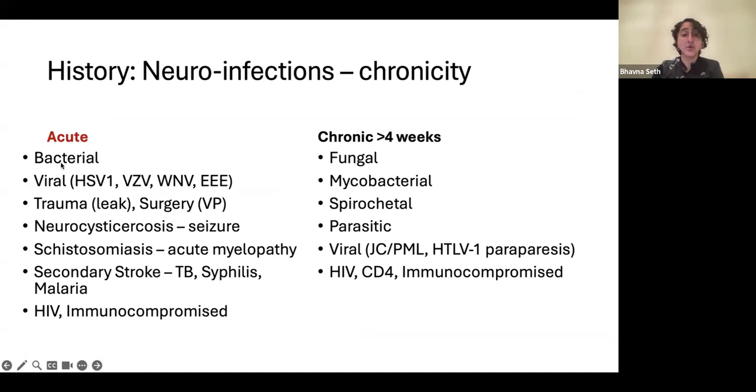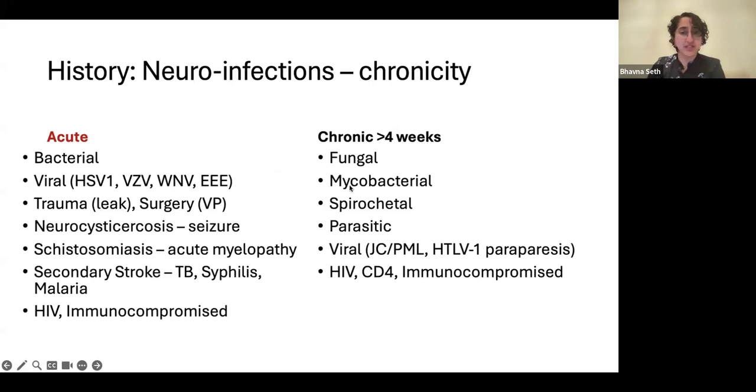Acute infections tend to mostly be bacterial, but can be viral. And then, as mentioned, related to other triggers like trauma, surgery, and prior infections. And in immunocompromised hosts like those with HIV, the differential can be very varied as well.